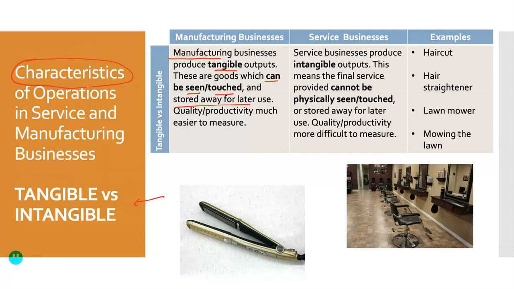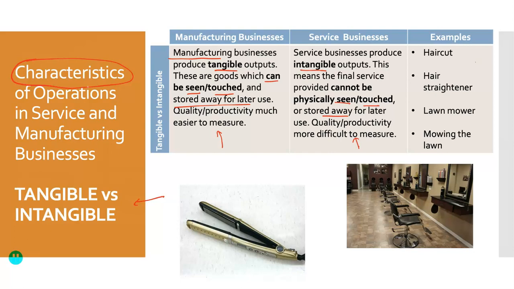We will come to quality in later videos. That means the quality might be easier to measure because you can see it and touch it and even inspect it. Now, service businesses are going to produce intangible outputs. This means that the final service cannot be physically seen, it can't be touched, it can't be stored for later use, and the quality might be more difficult to measure because what might be a good service for one might be different for another.